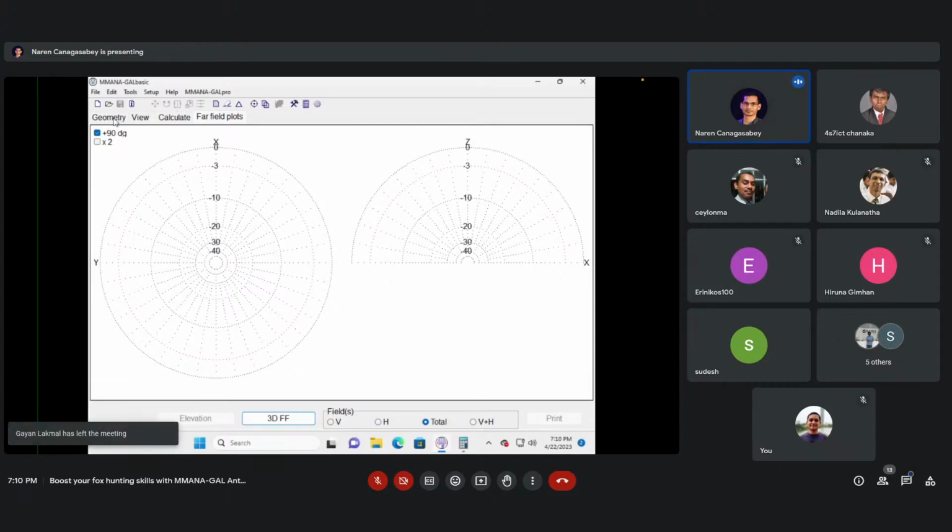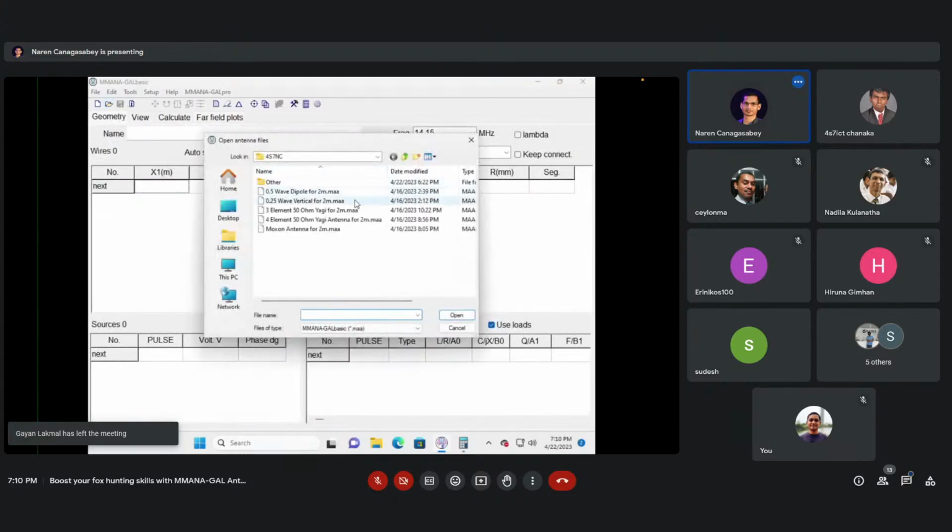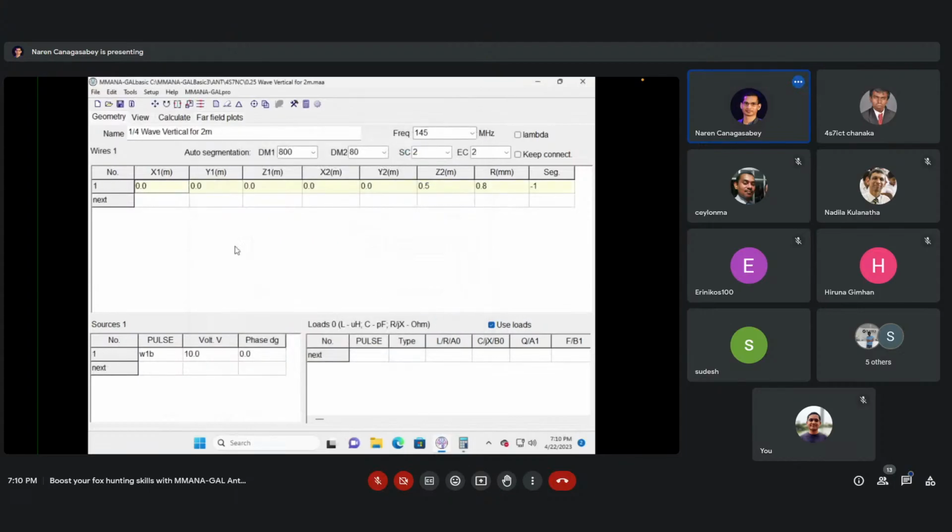Right. So first off, let's start with the quarter wave vertical for 2 meters. As you can see, I've already prepared the model. The quarter wave radiator is basically, in terms of formulas, 300 divided by the frequency in megahertz into 0.25.